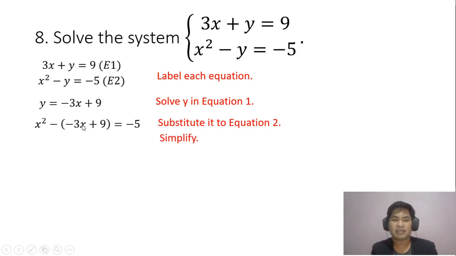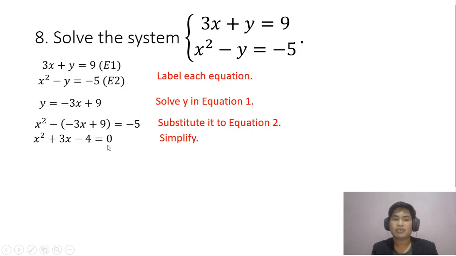We distribute the negative. So, we have negative times negative 3x, that is positive 3x, then negative 9. So we have x squared plus 3x minus 9. If we transpose the negative 5, this would become positive 5. Negative 9 plus 5 is negative 4.